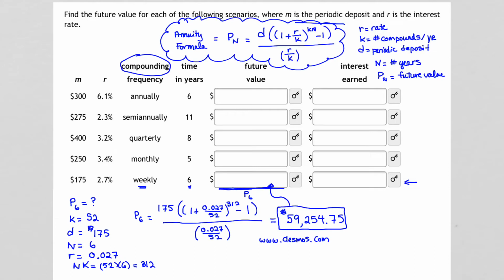One last bit, and that is, how much interest have we earned? How are we going to calculate that very last box? Well, the interest earned is our future value in our account, the future value amount, and we're going to subtract from it the amount that we actually deposited over the years.